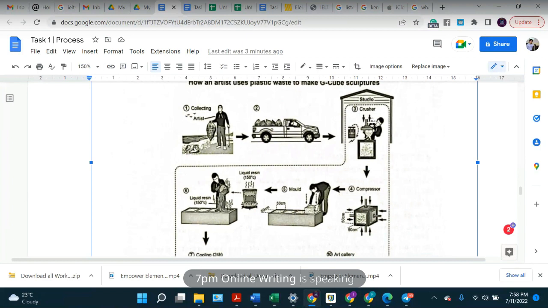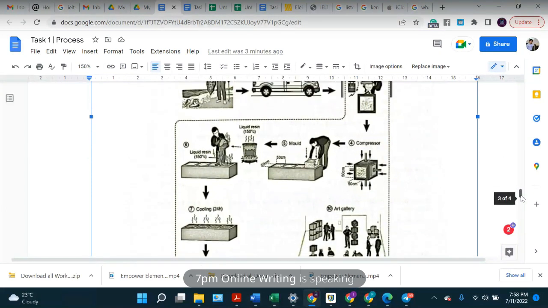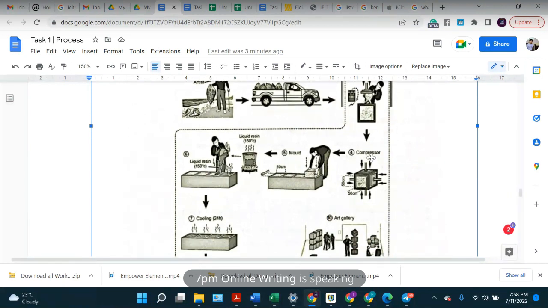So we have crushing. What other stages do we see here? Crushing, compressing in a cube, molding, right? 50 by 50 centimeter boxes, or molds, and then heating the liquid resin. How do you pronounce this word? Resin.